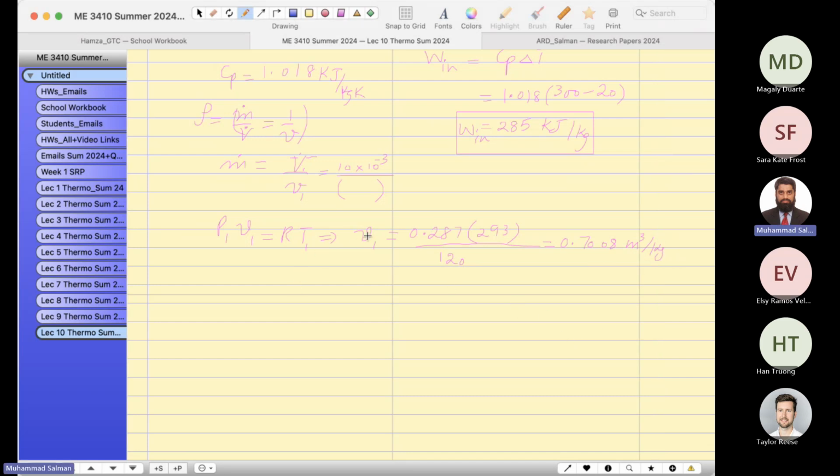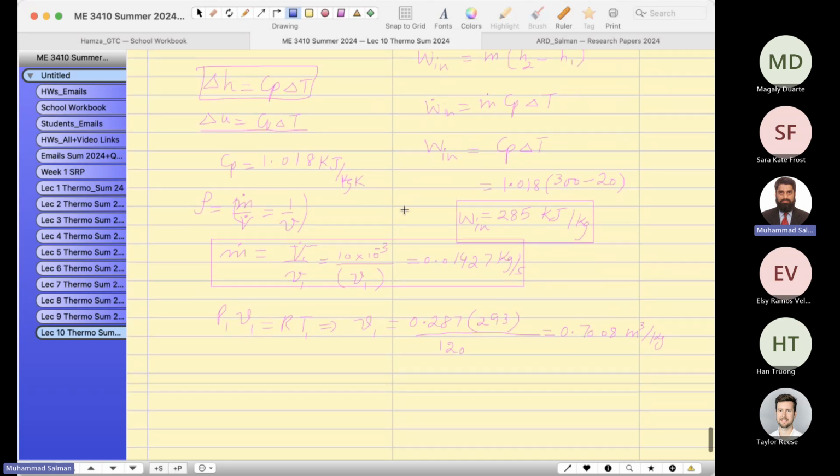Now guys, we have found V1. You can plug it in over here to find M dot, which is 0.01427. If you know this M dot, then you can use it in this equation and you can find the answer.